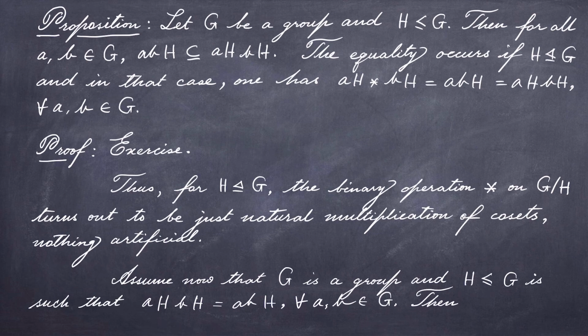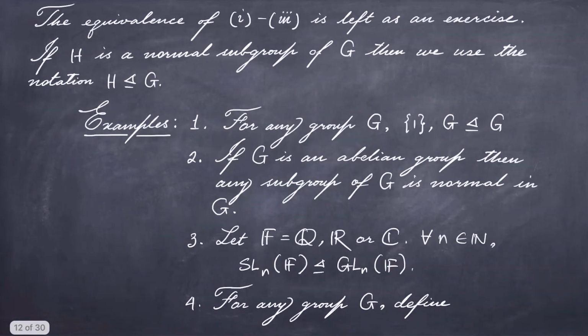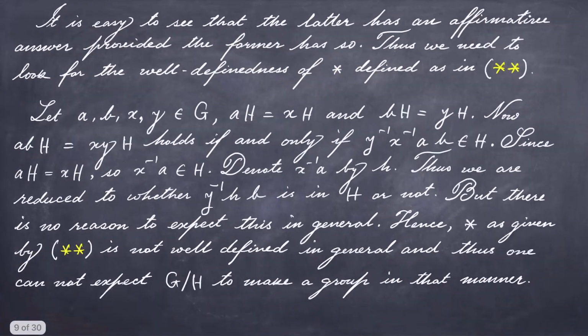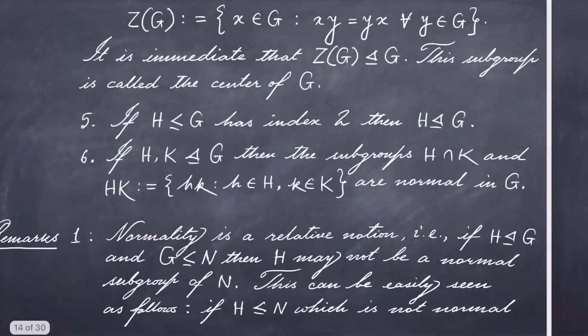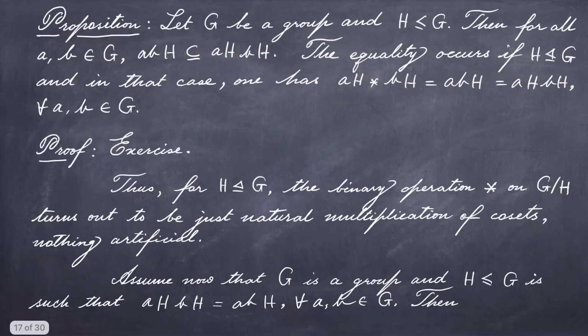So in view of this proposition, what we have obtained is the following: on this collection of cosets, the multiplication star, which is defined in somewhat an abstract or artificial way, in this situation actually coincides with the most natural thing which can be considered, namely the multiplication of the cosets.